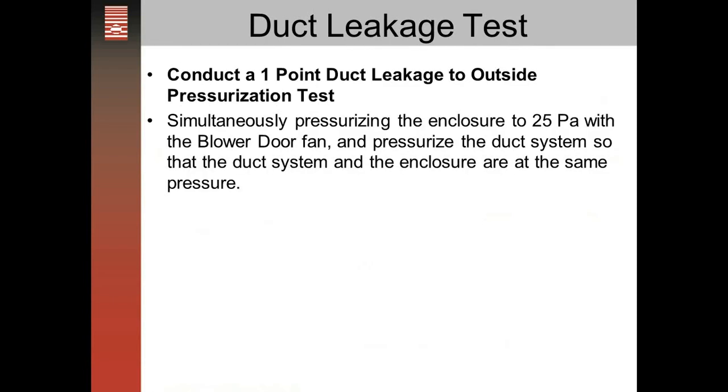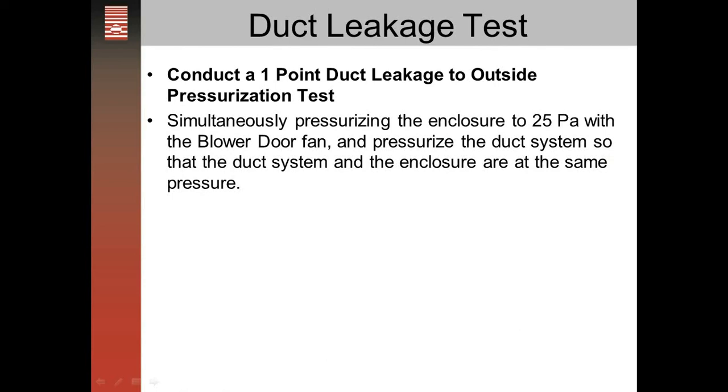Conducting a 1-point test to the outside, we're pressurizing the enclosure to 25, and we're pressurizing the duct system to the same pressure, which in this case, in order to be at the same pressure, means we'll be looking for 0 on the duct work to house, to make it the same as the outdoor pressure.